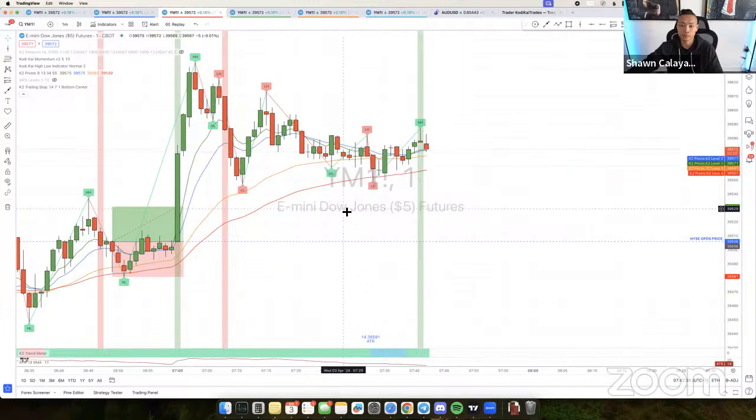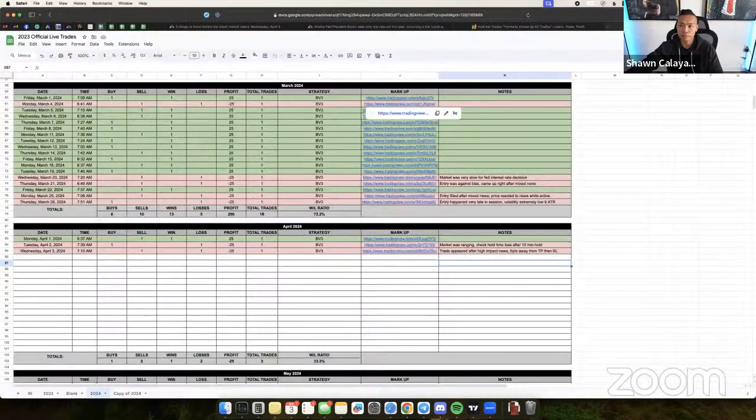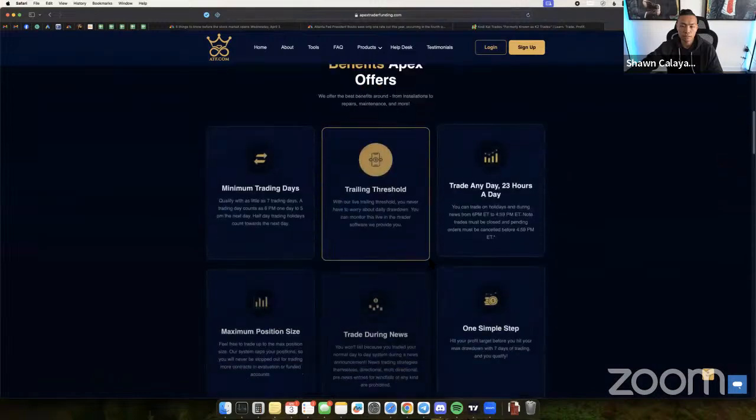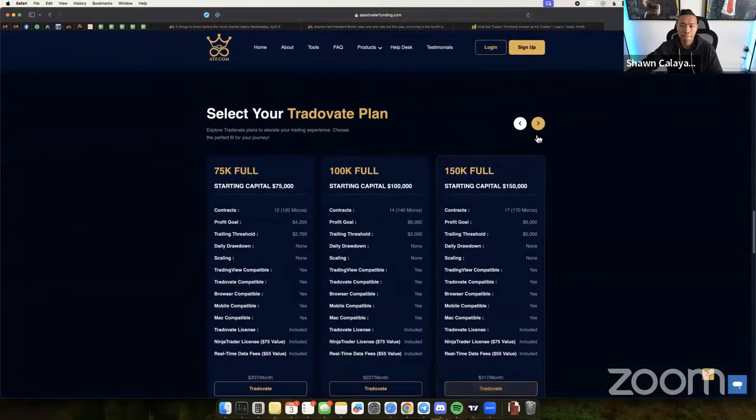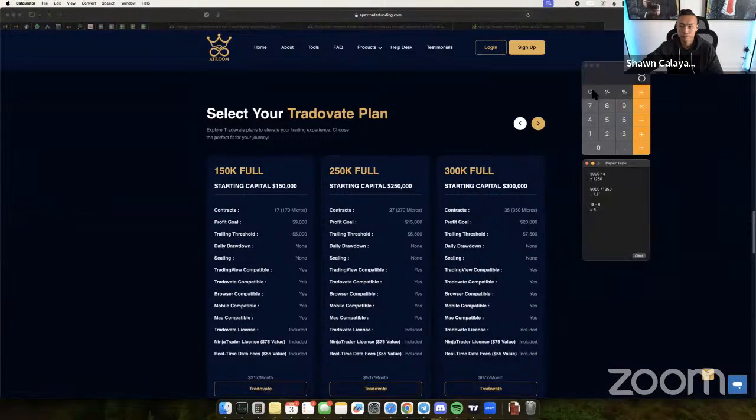Because on the 300K account over here, the profit goal is so much higher. It's just going to take longer to pass. So the trailing drawdown is 7,500 divided by 4, 1,875, that's 15 contracts.